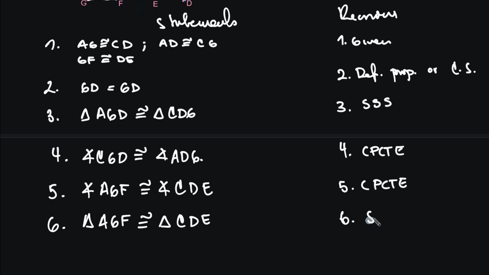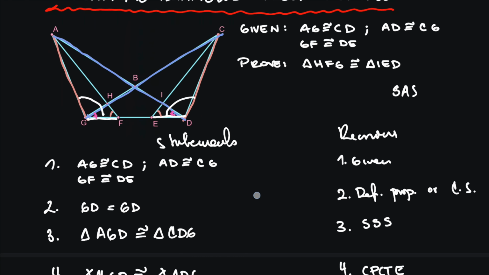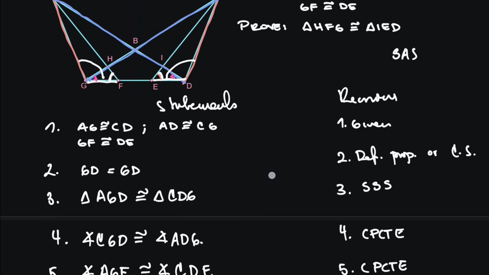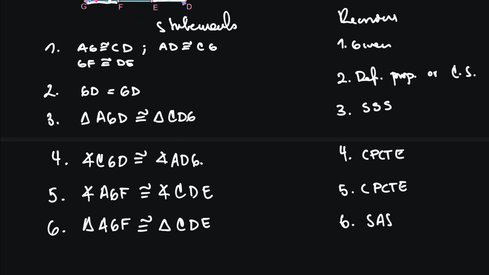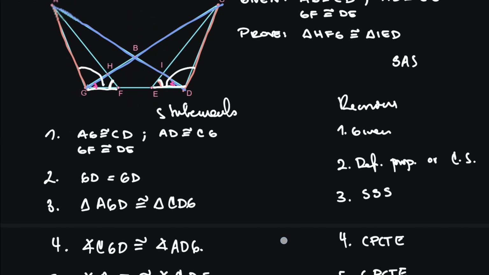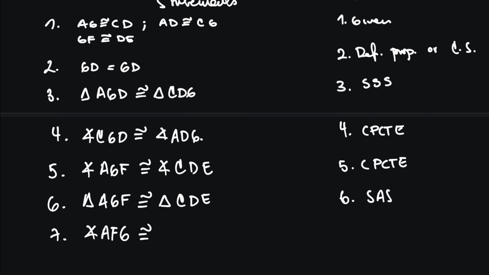And now that we know that the two triangles are congruent, then by corresponding parts, these two must be congruent too, because it's basically the acute angle on that triangle. So angle AFG must be congruent with angle CED.